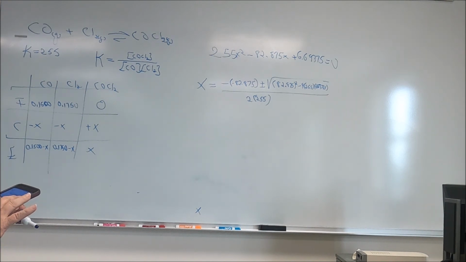And I'm going to subtract 4 times 255 times 6.69375 in parentheses. It equals, and then I want to take the square root of that.